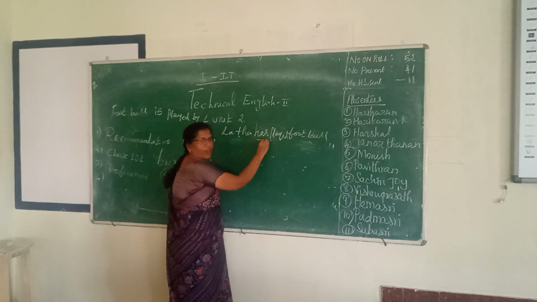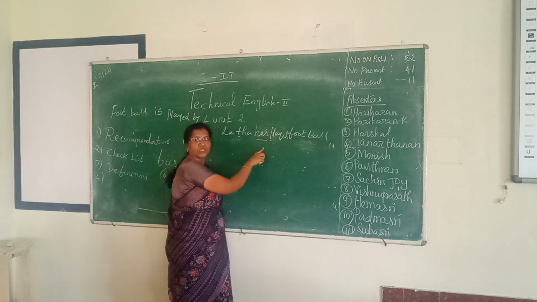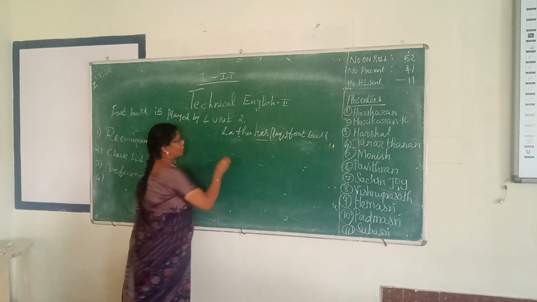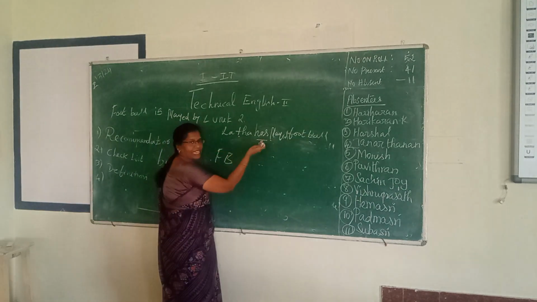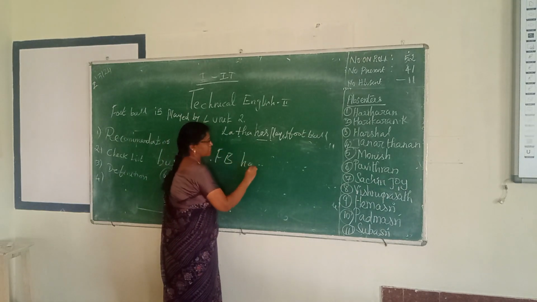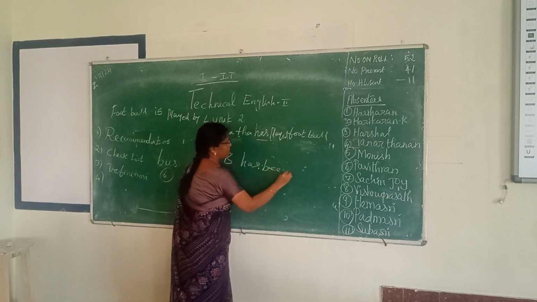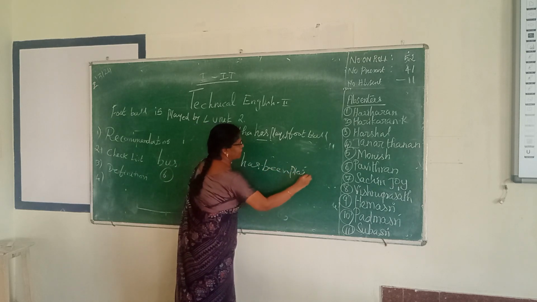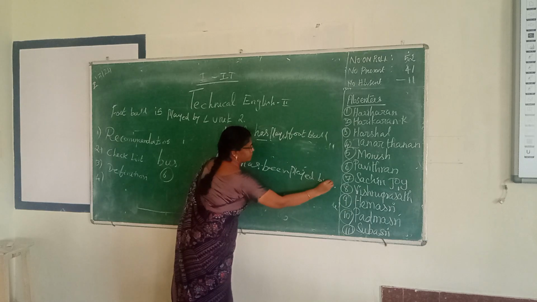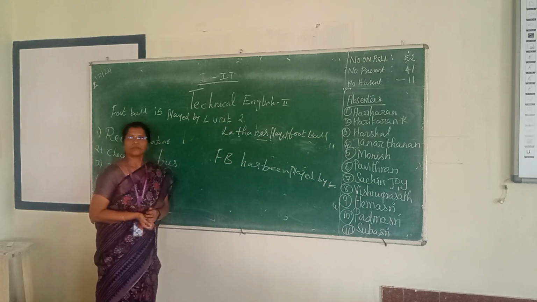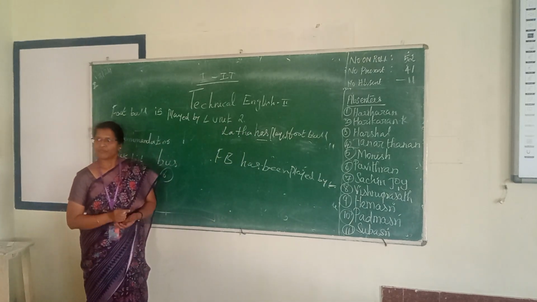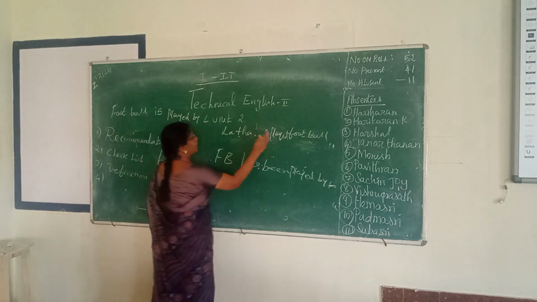Either has or have comes across in a given sentence, you need to add been with that. So football already has is there. Has been played by Lata. Is it clear?